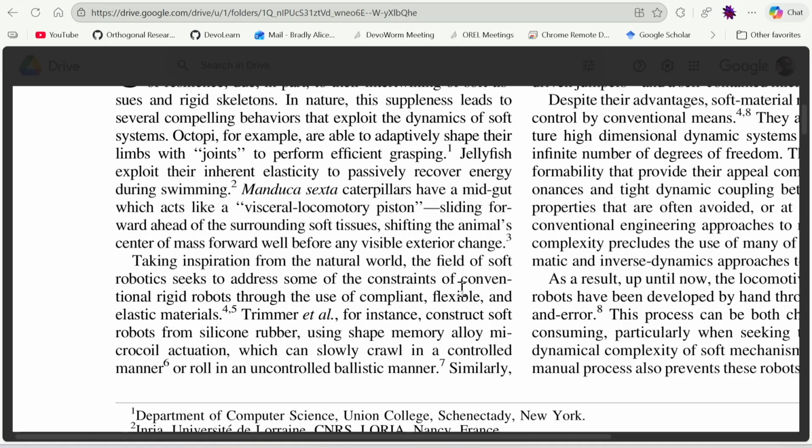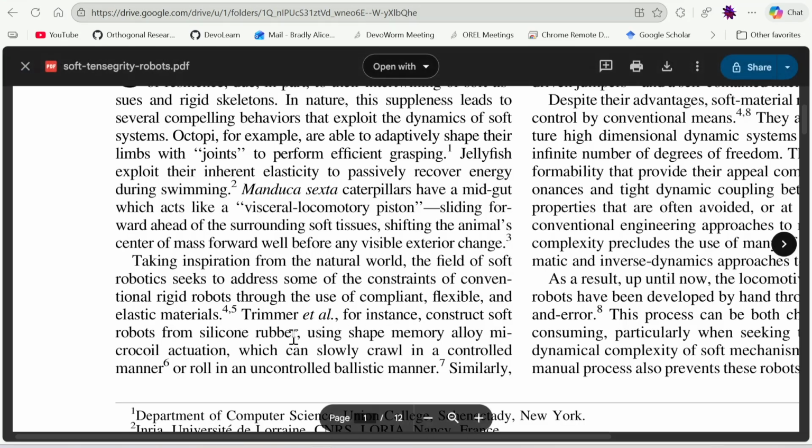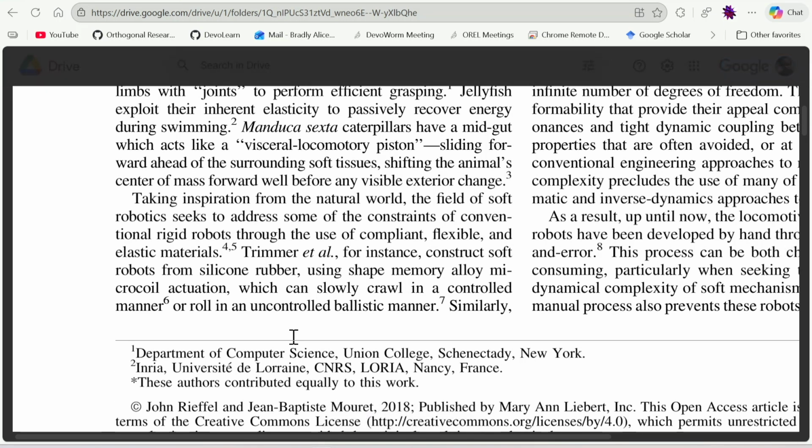They're flexible, they're elastic. Trimmer, for instance, constructs soft robots from silicone rubber, a compliant material, using shape memory alloy microcoil actuation, which can slowly crawl in a controlled manner or roll in an uncontrolled ballistic manner. So they have different types of behaviors: slow movements that are more controlled, or rolling that's more uncontrolled.